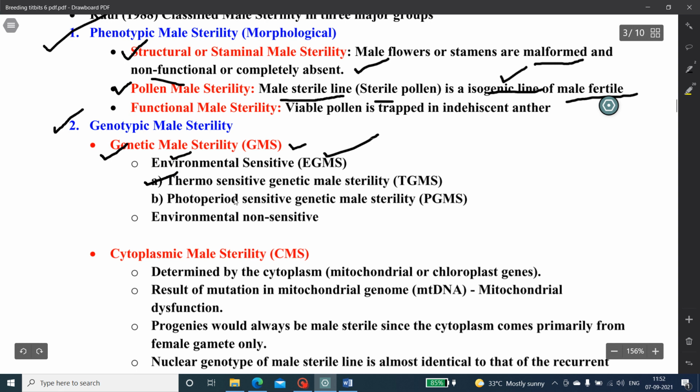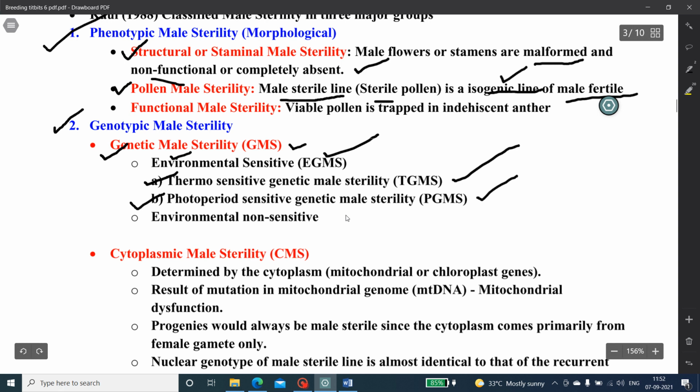One is thermosensitive genetic male sterility, in short TGMS, which is completely governed by temperature. And the photoperiod sensitive genetic male sterility, PGMS, is completely governed by the photoperiod. Those things we will be discussing in the subsequent slides.